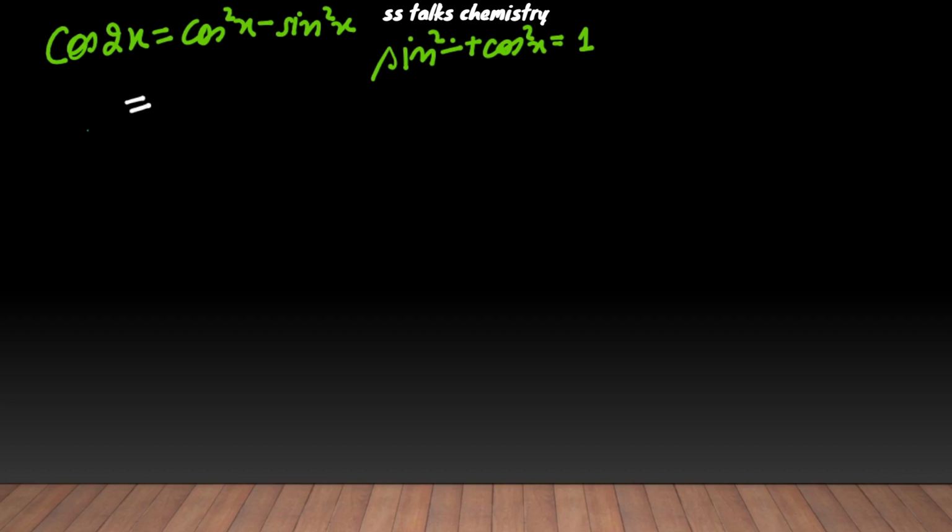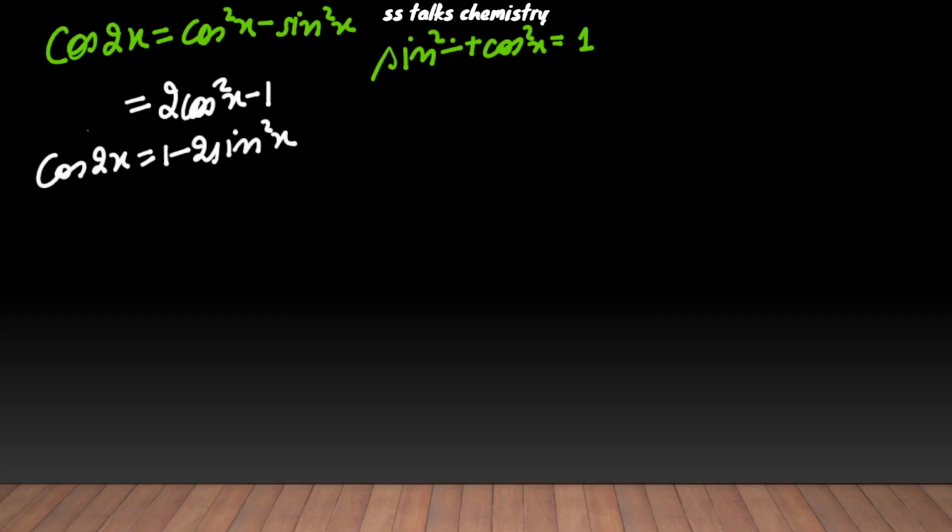So cos 2x will be equal to 2 cos square x minus 1, or it is 1 minus 2 times sine square x. So this relationship we are going to use now. From this you get the sine square x value, that will be 1 minus cos of 2x upon 2.